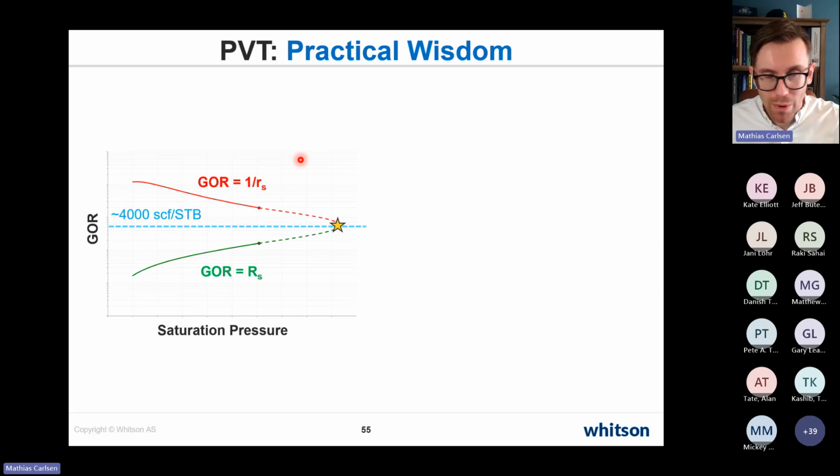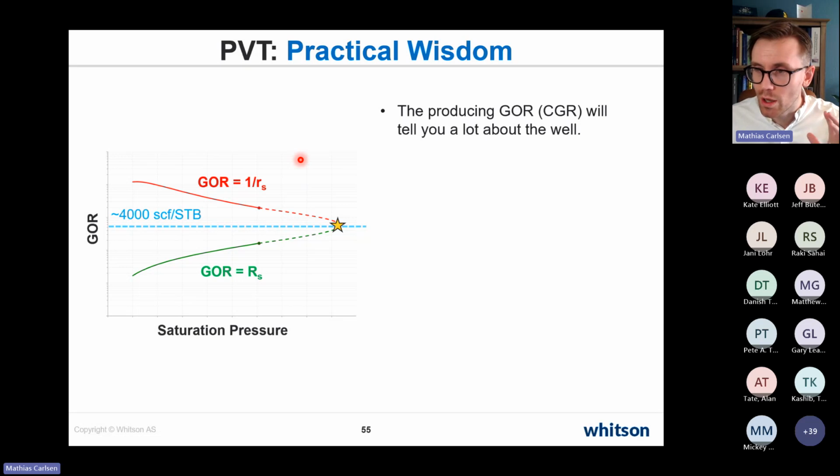Okay, so the practical wisdom is that you should use the producing CGR or the GOR to help guide you and tell you a lot about the well. That's one of the first things I look at: just look at the producing GOR over time. What does it do? Is it flat? Does it increase? Does it increase immediately? Is it linear? Is it flat and then it shoots up?